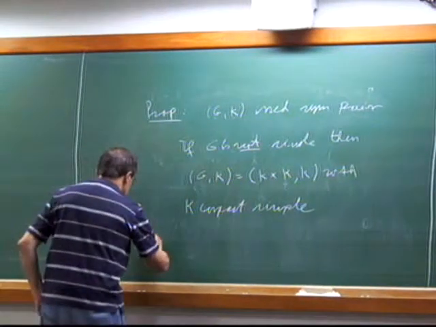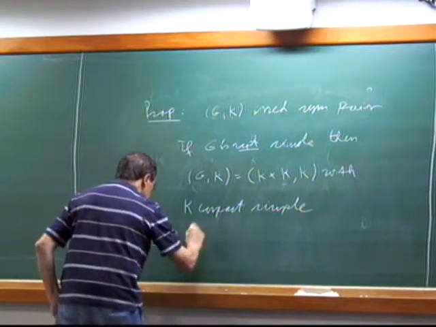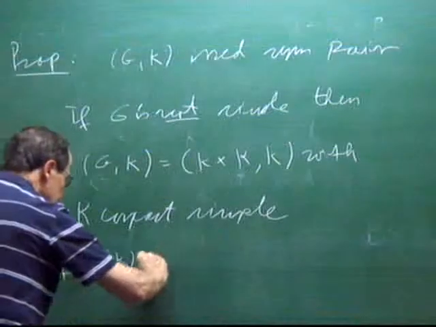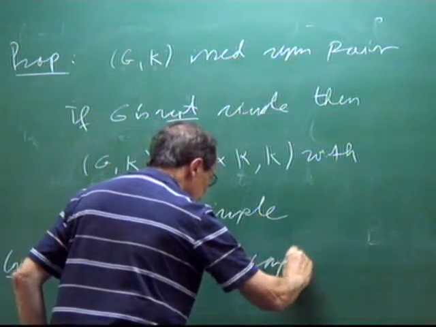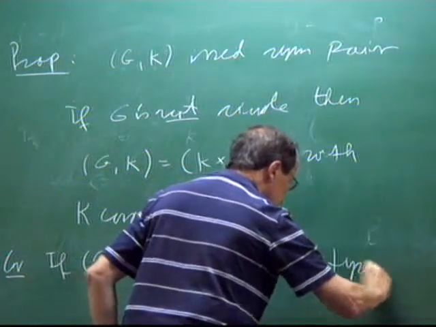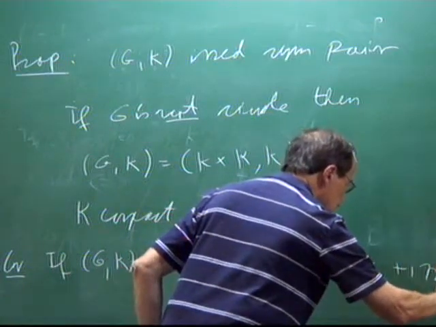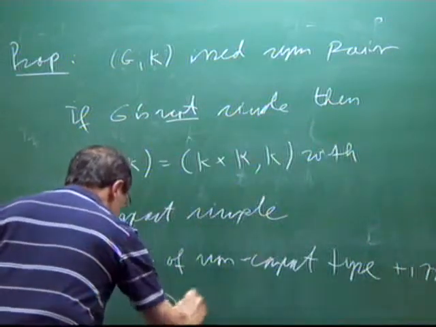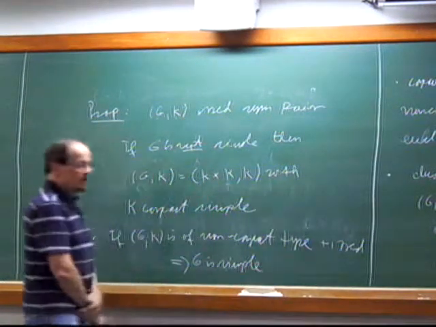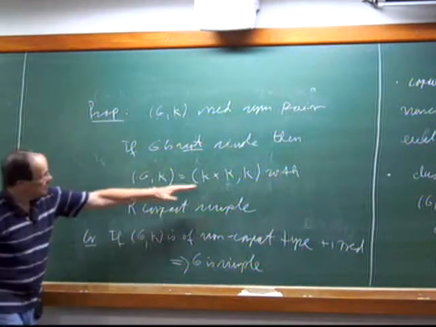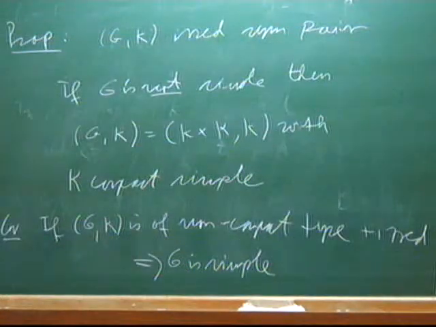Corollary: for example, if G, K is of non-compact type and irreducible, this implies that G is simple, because in this other case the group G is compact, because K is compact.